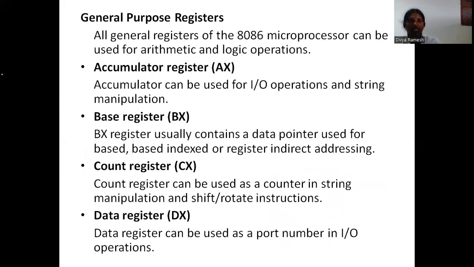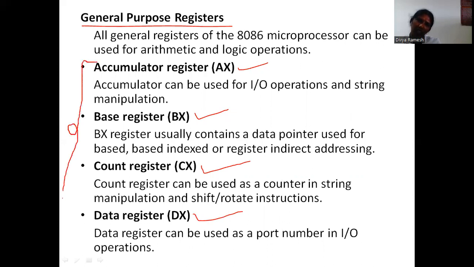As I said earlier, the general purpose register holds four types of registers. AX is also called the accumulator register. BX is also called the base register. CX is also called the count register. DX is also called the data register. Each type of register has different applications. For example, the accumulator register is used in IO operations and string manipulations.